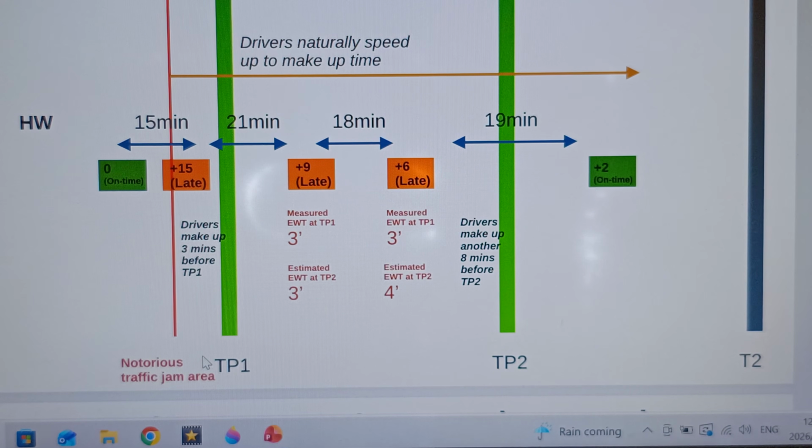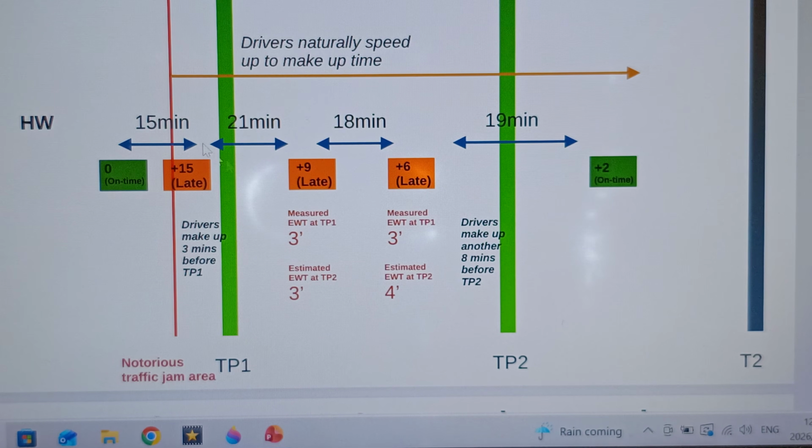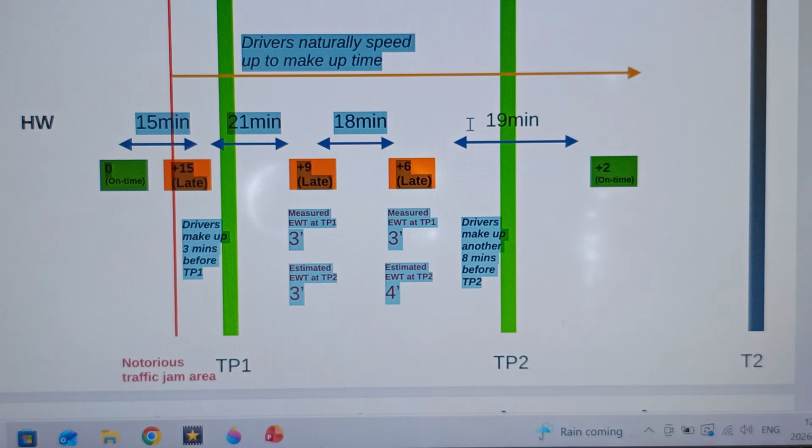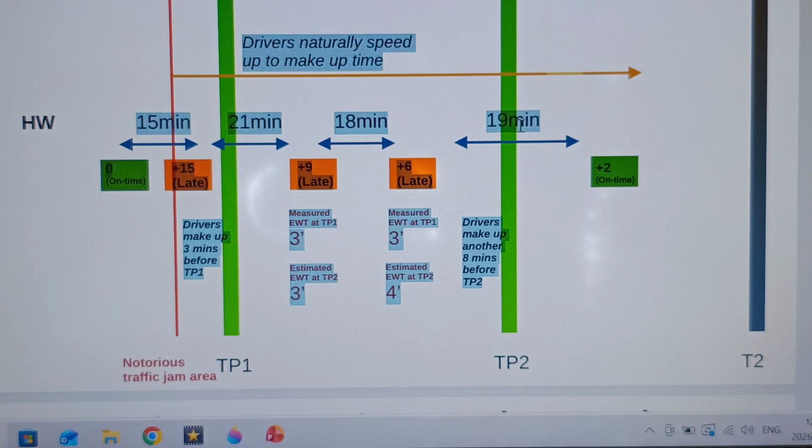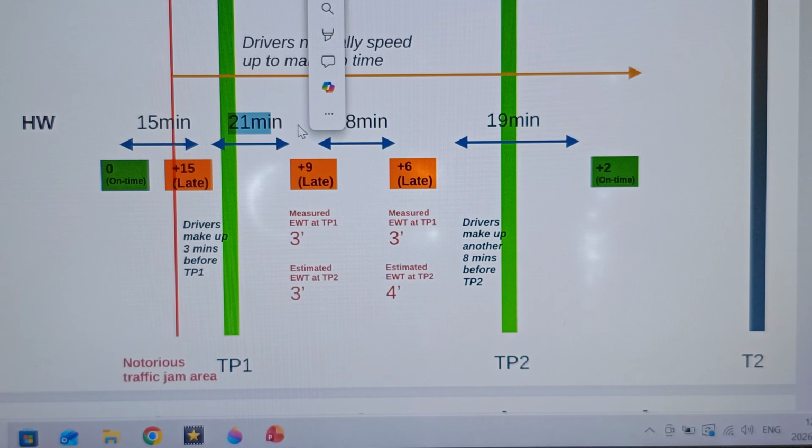But when you hit the congestion prone zone, you would see that the frequencies become irregular. And the more traffic congestion prone areas that you have, you might see it being way more inconsistent.